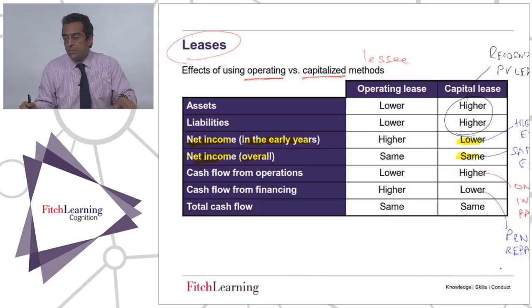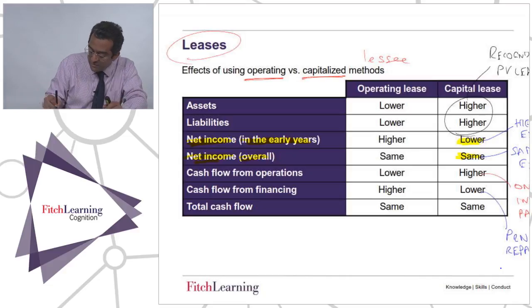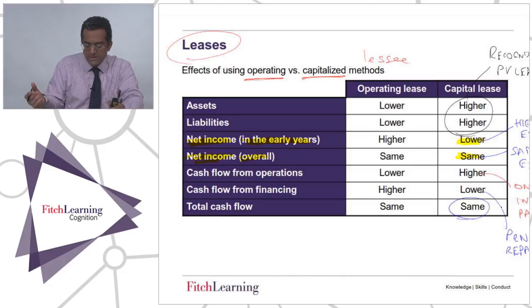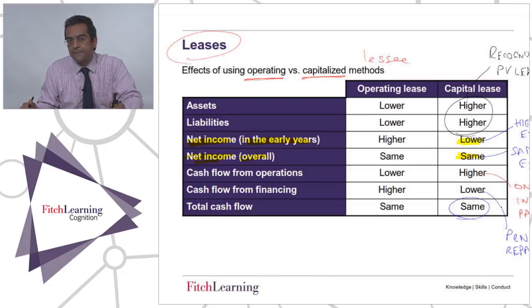So, one's higher, one's lower. But of course, overall, same total cash flows. So remember, level 1 exam questions can very easily test you on multiple different effects. What's true, what's false? Is it same, is it higher, is it lower? So very useful to go through this.